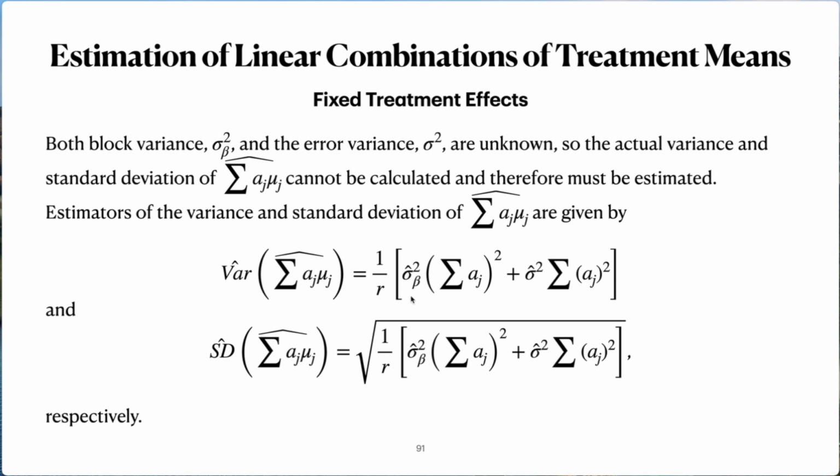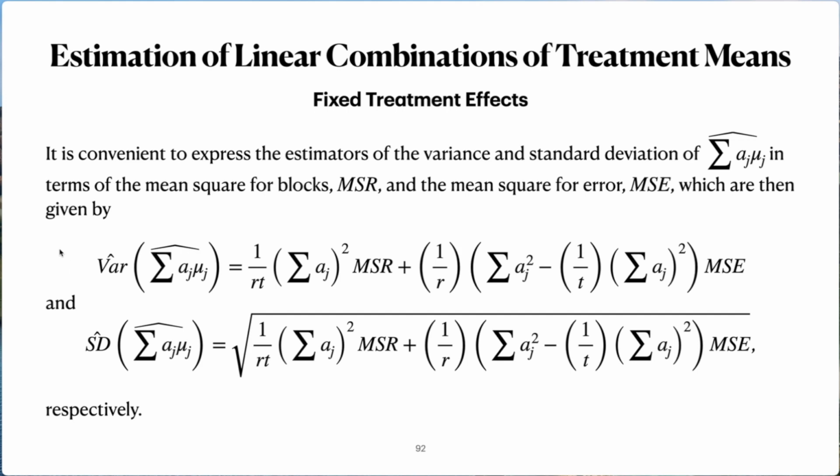So we see here that the estimated variance of our point estimate of the linear combination is equal to 1 over r times the sum, right, this quantity, sigma hat squared sub beta, so the estimator of sigma squared sub beta, times the square of the sum of the coefficients plus the estimate of the error variance times the sum of the squared coefficients. And then we take the square root of that to get the estimated standard deviation of the point estimator of our linear combination.